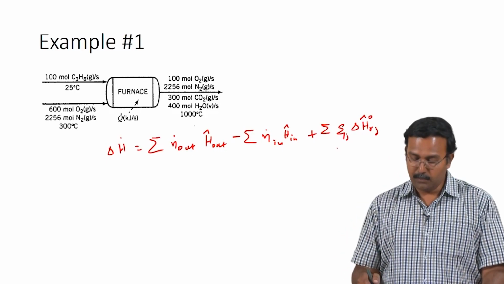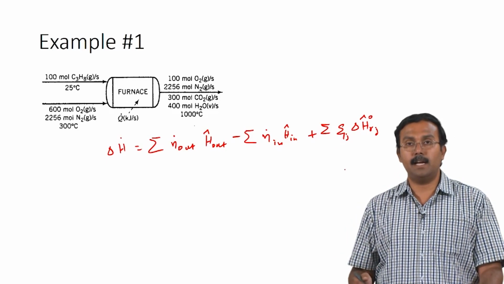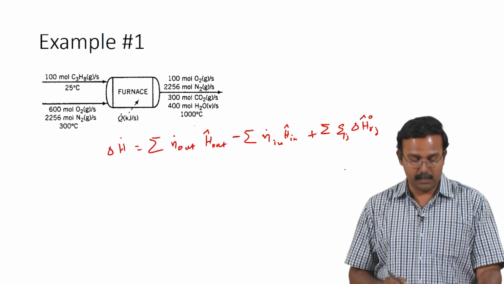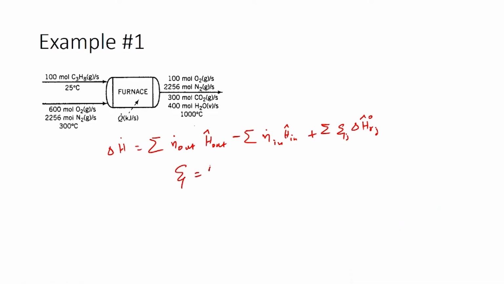For this, we need to know the extent of reaction. Extent of reaction is calculated as moles out minus moles in divided by the stoichiometric coefficient. Here, let us take propane as the reactant taking part in the reaction.